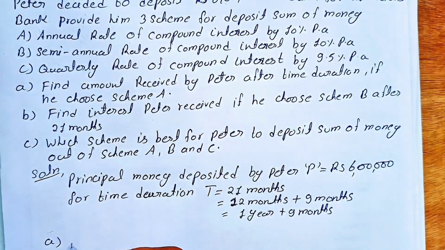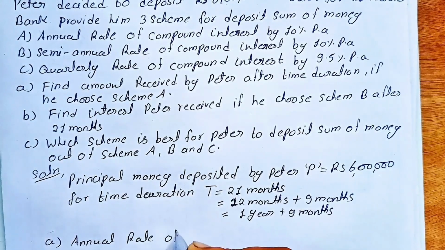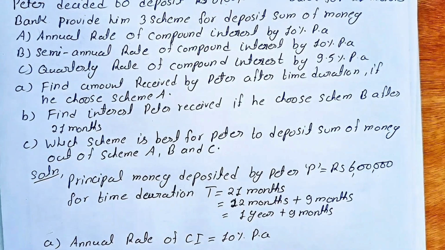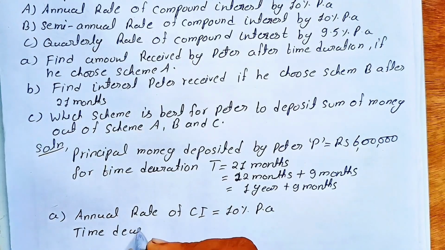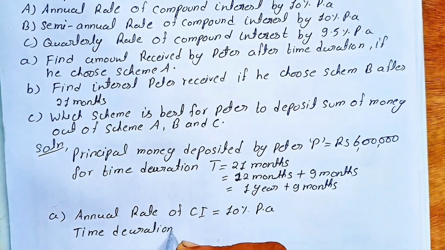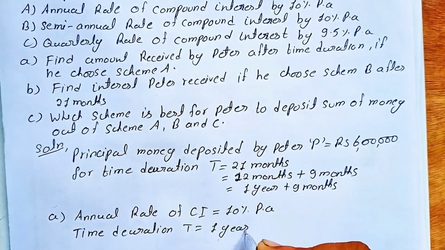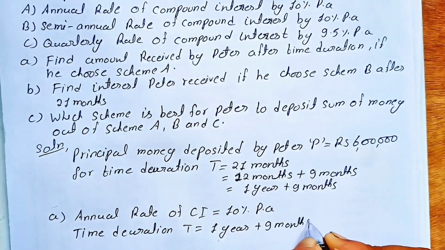So the annual rate of compound interest is actually 10% per annum. Time duration, that is T equal to 1 year plus 9 months.